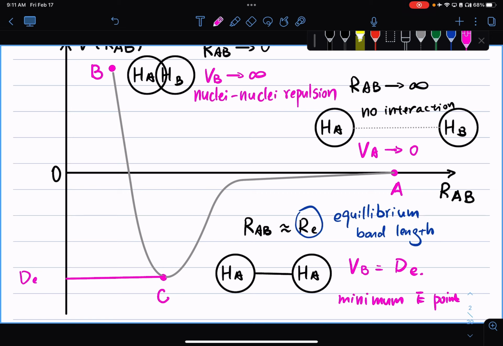The real picture is a little bit more complicated than that. So here I want to pause a little bit and let's just think about what is the reality. Right here I'm talking about RAB being roughly equal to your equilibrium bond length. But in the microscopic world, we have the Heisenberg uncertainty principle. What it means is it is not possible to have your atom in that one single position. There always exists some kind of spread in the position of that particle.